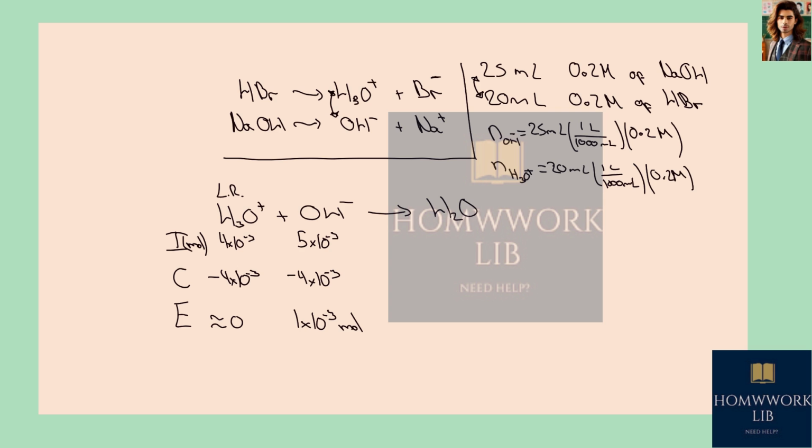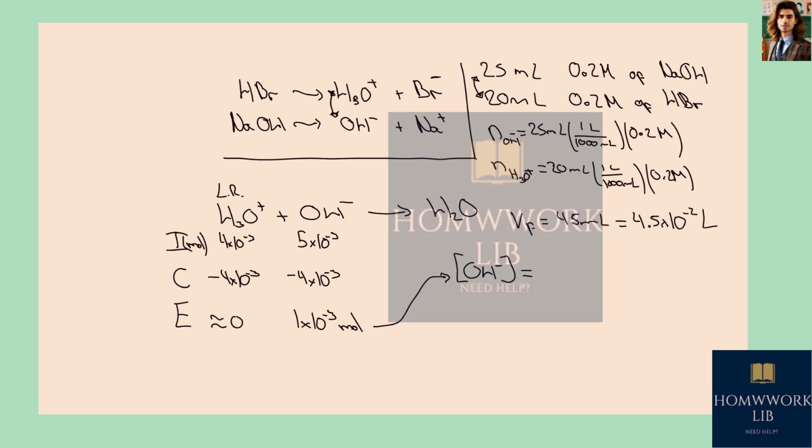Perfect. So now, with this amount of moles, we can calculate the concentration of OH minus, taking the final volume. The final volume, in this case, is simply 45 milliliters, which is 4.5 times 10 to the minus 2 liters.